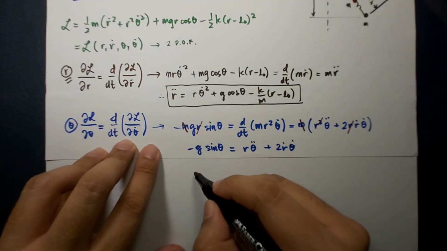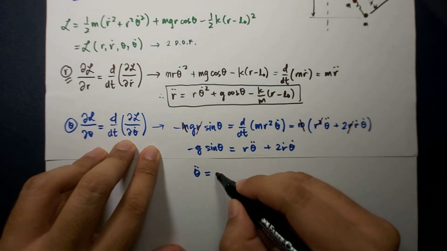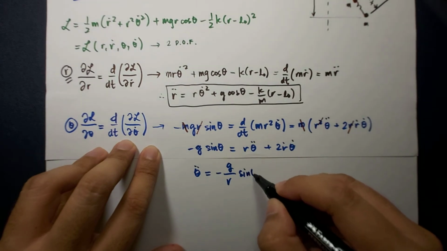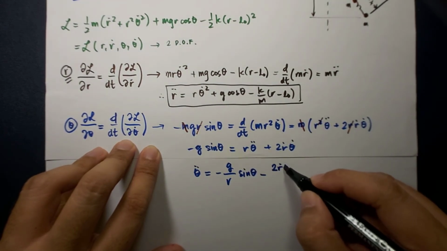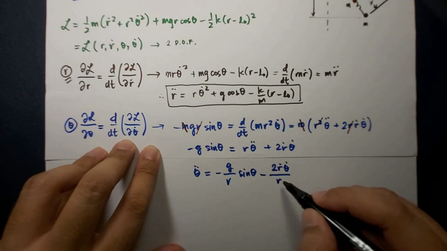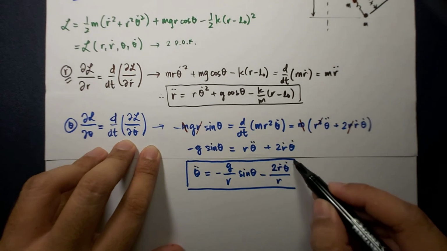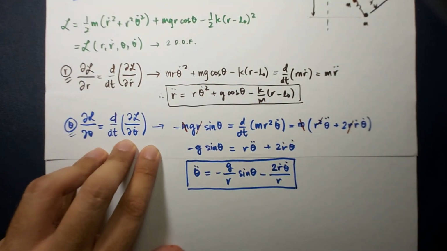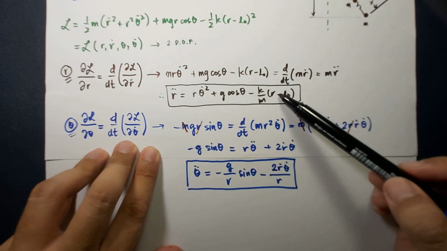So finally, the equation of motion would be theta double dot equals negative g over r sine theta minus 2 r dot theta dot over r. So this is the equation of motion for the theta component. Okay, so we have two equations of motion, one in r and one in theta.